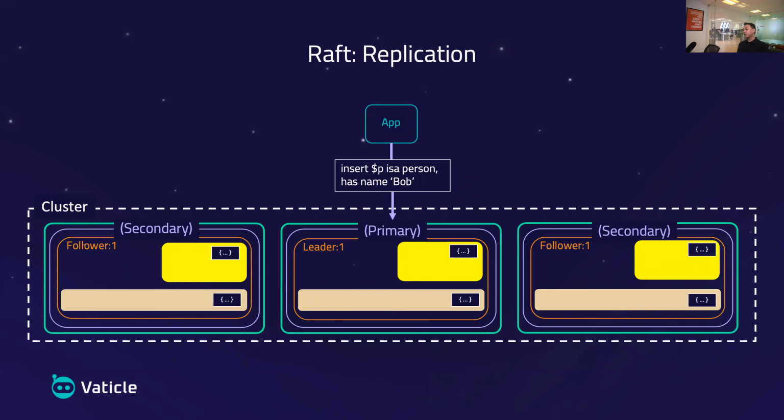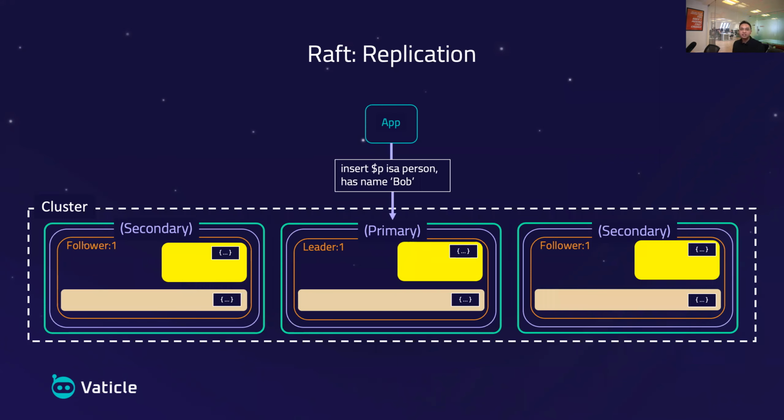Instead, we replicate the diff of the data, or the activity that may produce that data. In this case, for example, we replicate the query or the activity that may then be executed on each replica to produce the final state of the data.